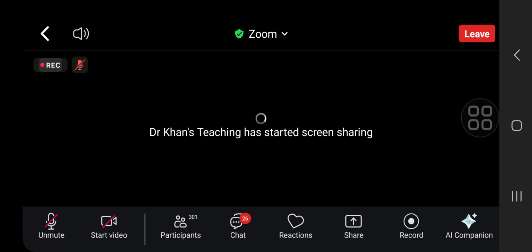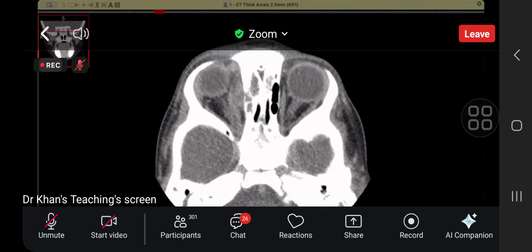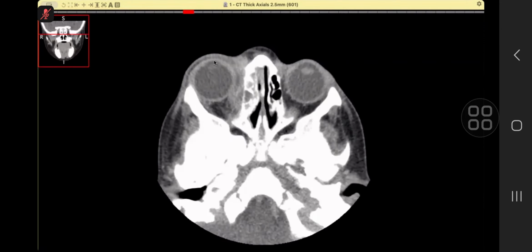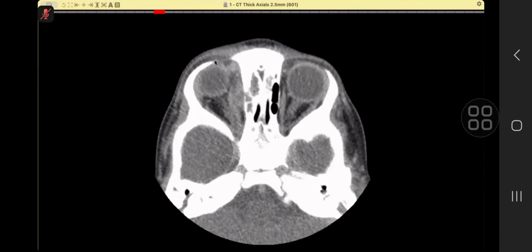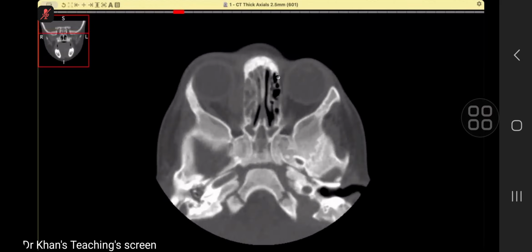So let me show you the case. First of all, on bone window, we can see this opacification.